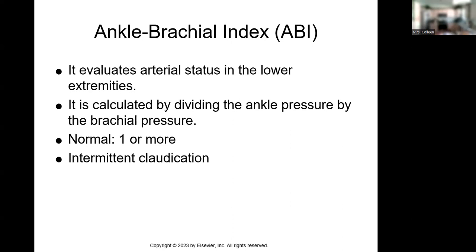The brachial blood pressure is measured, and then the ankle brachial index is calculated by dividing the ankle pressure by the brachial pressure. Okay, an ABI of 1 or more is considered normal. An abnormal ABI indicates arterial disease and can confirm a vascular cause for ischemic pain in the legs at rest and claudication, or cramping, when they're walking.